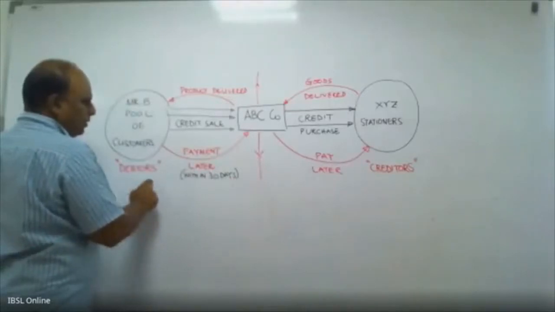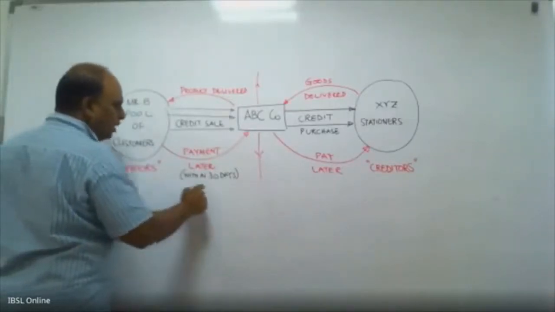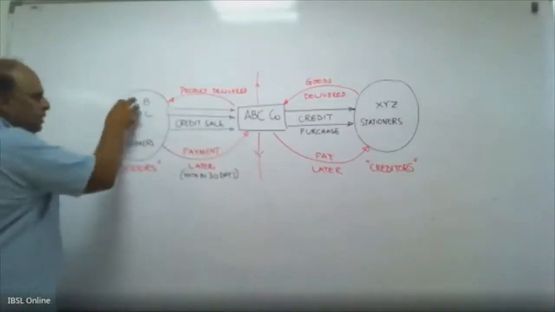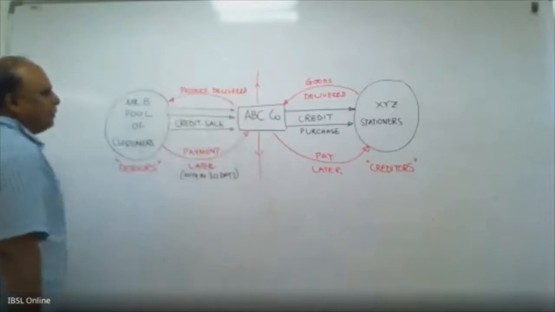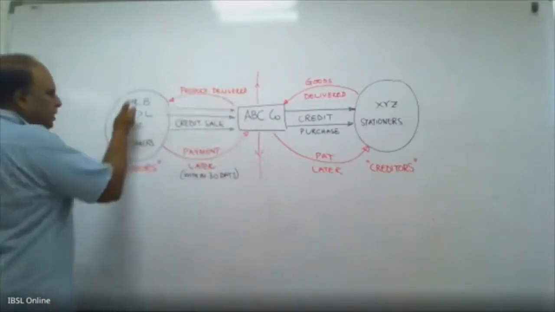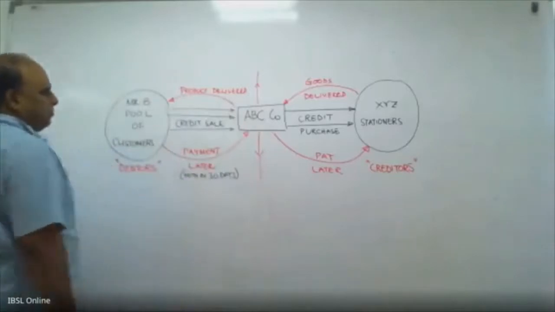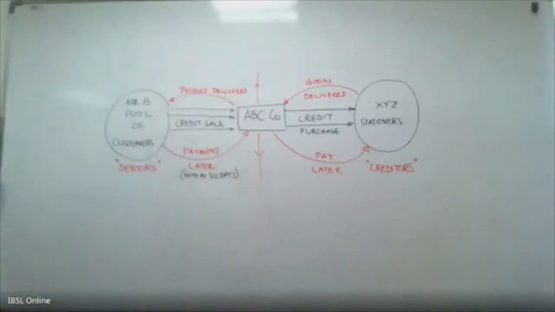Okay? A person who owes money to the company. Mr. B is a debtor of ABC company because Mr. B is supposed to pay for the goods within 30 days time. Is that clear?